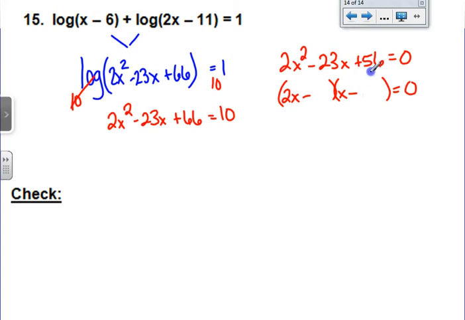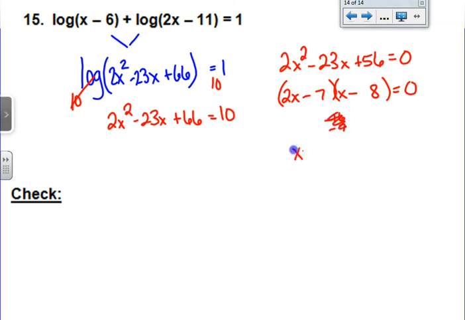And then 56 could be 8 and 7. So let's try 7, 8. Well, let's find some other options too, just in case. 14 and 4. This might take me a minute. Let's try 8 and 7. And if I check that, that gives me a minus 16 and a minus 7 in the middle, which gives me my negative 23. Okay, good.